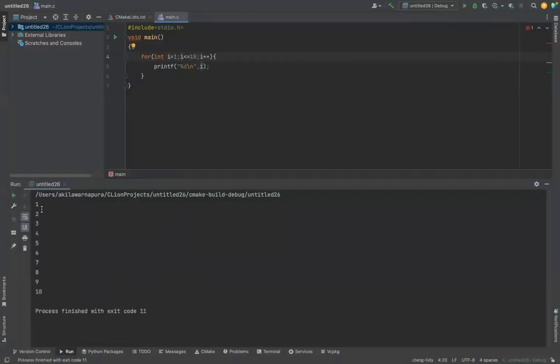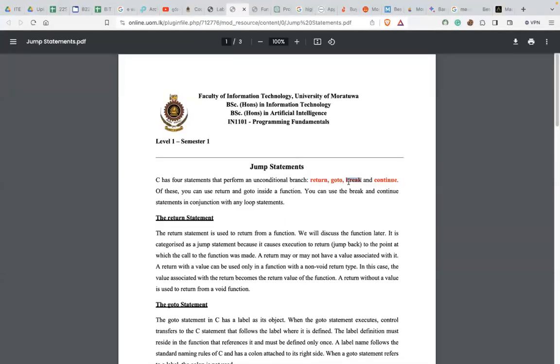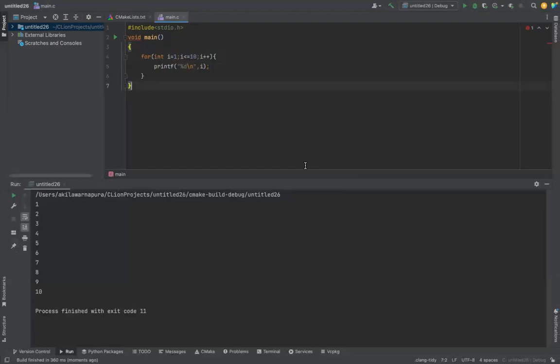Now here it prints from 1 to 10. Now suppose that I need to terminate this at a particular point. For an example, if i is equal to 7, that means when i comes to 7, I need to terminate this for loop.